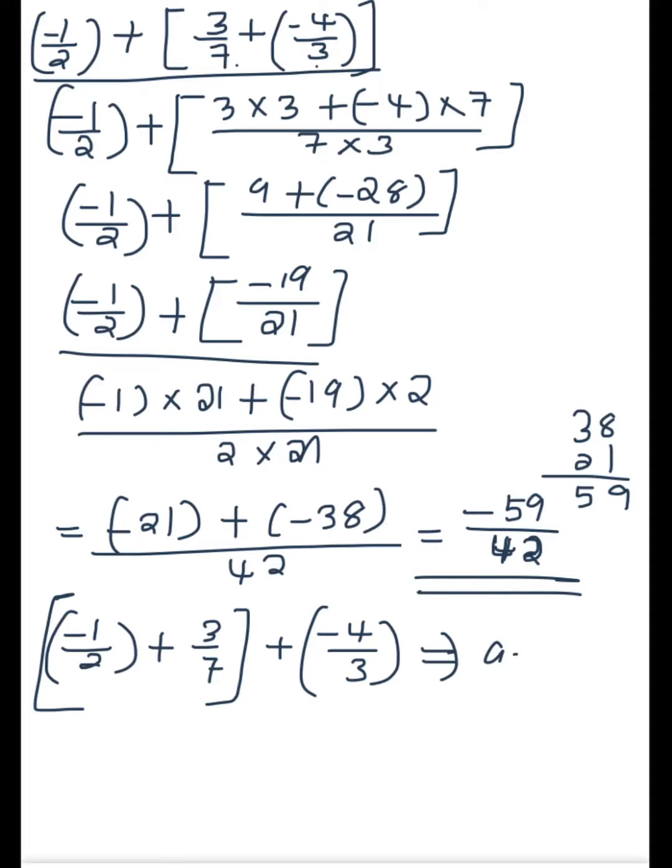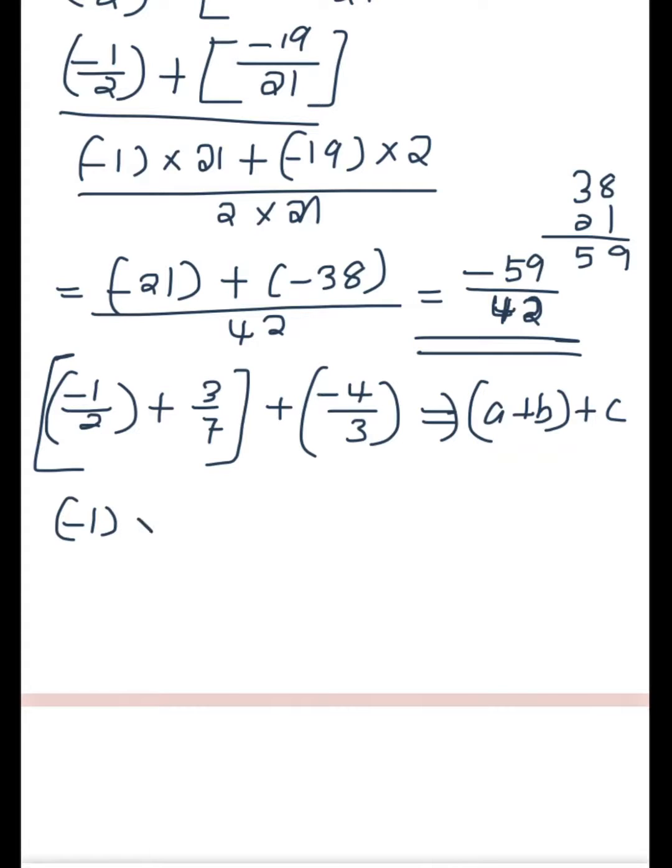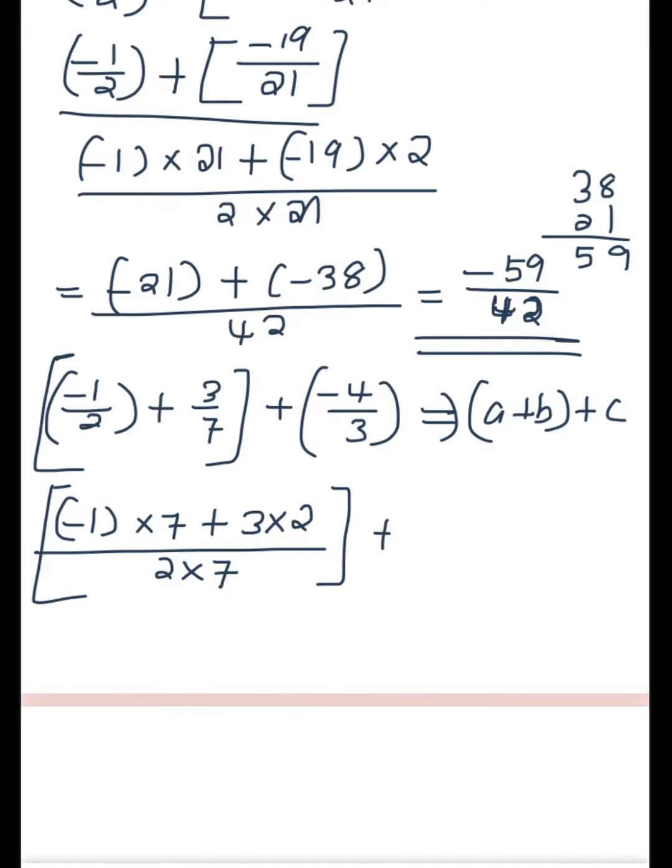Let's do the things inside the bracket first. That is minus 1 into 7 plus 3 into 2, divided by 2 into 7. This will be inside the bracket, plus minus 4 by 3.